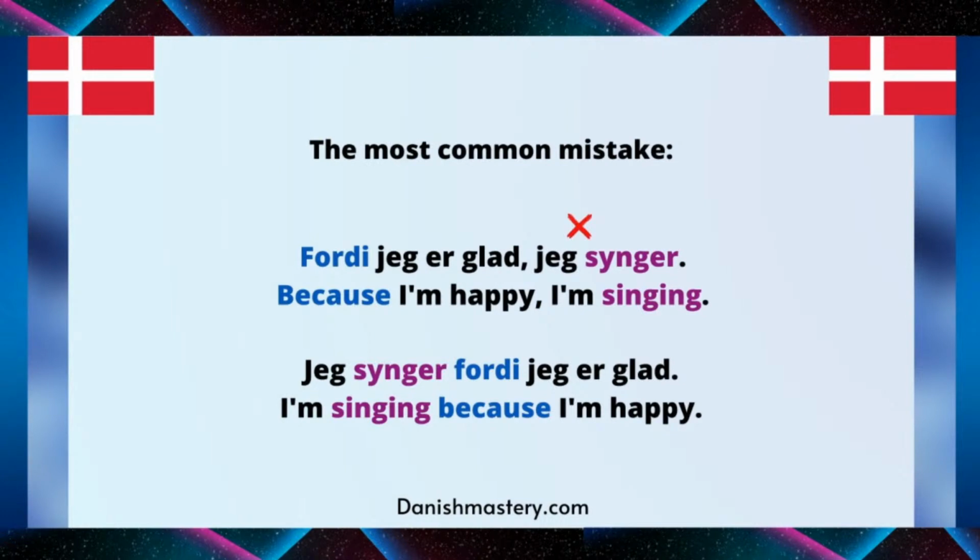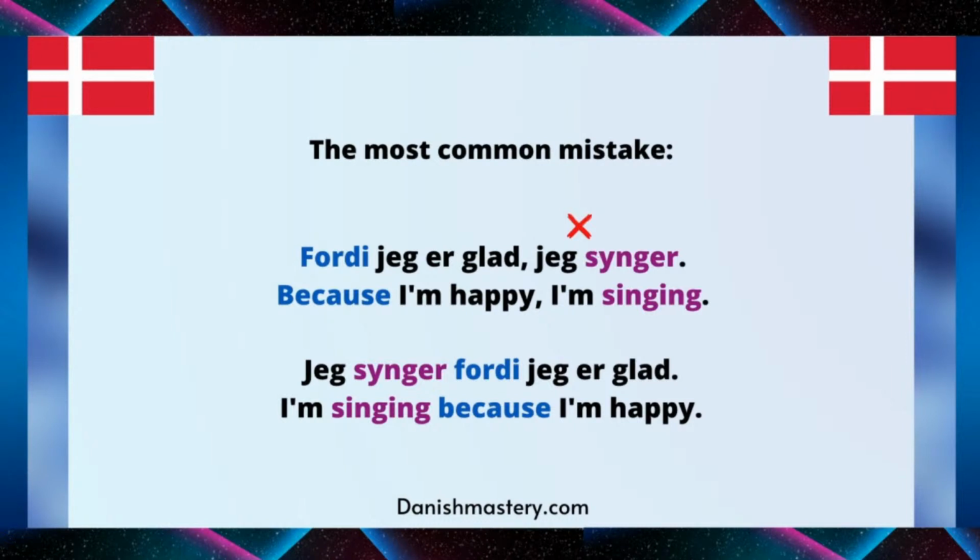Then this is the most common mistake. I hear it all the time. So you want to avoid this. Fordi jeg er glad, jeg synger. Do not say that. Right? When you have inversion, like when you have something with a conjunction first, like fordi, når, selvom, før, whatever, these that create inversion, please don't start the second part with the subject, like jeg or du or han, the person doing it.